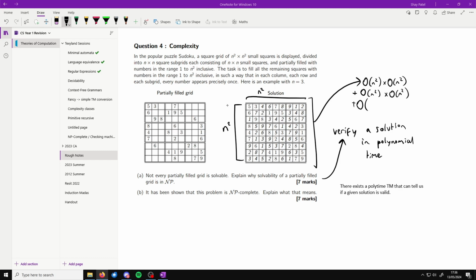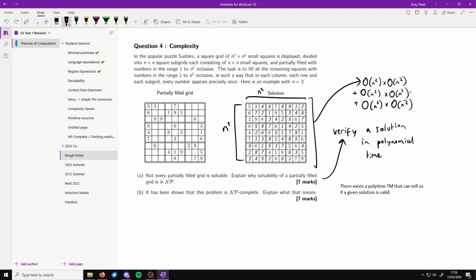Therefore it would be n squared still to check, wouldn't it? Because you'd have to look at each and every number, and also go through the list again for every number to check that it's not there twice. So it would be the same for each subgrid as well.